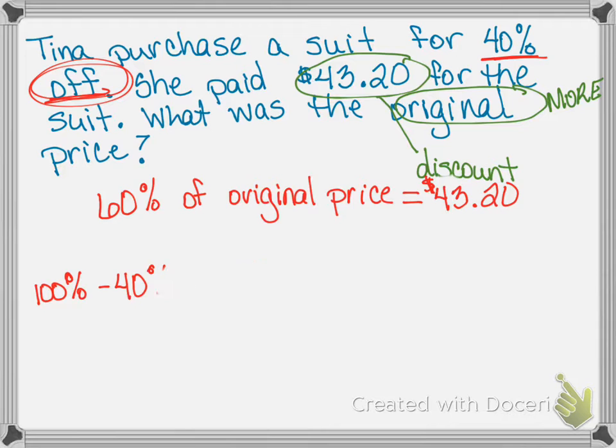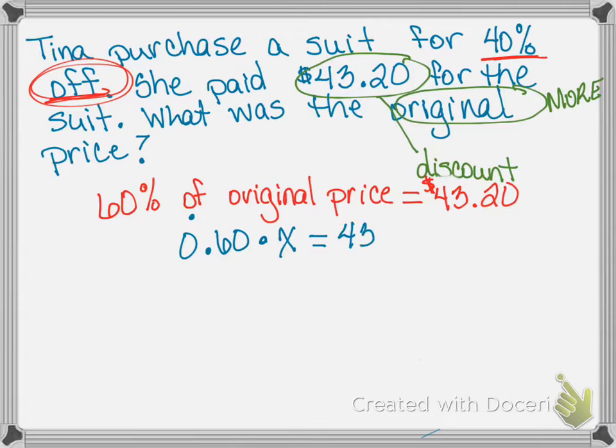Now, how do I represent 60% in decimal form? 0.60. Of means multiply. So 0.60 of my original price equals $43.20.